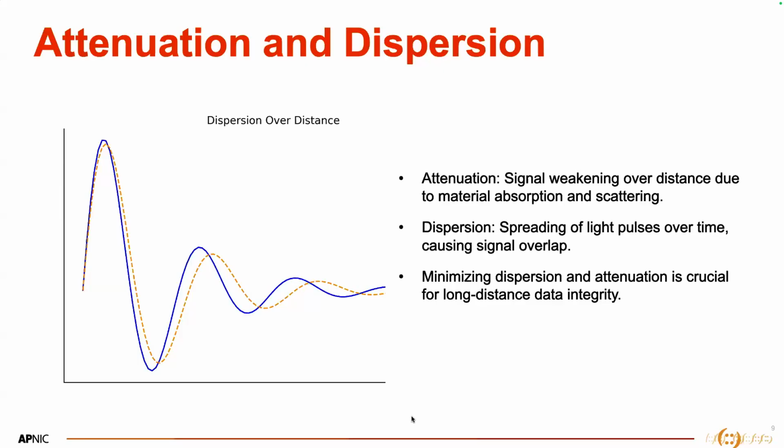As time goes by, the blue line is the expected line which it was supposed to follow, but the orange line is the practical line which it has become over time and distance. This phenomenon is called dispersion, where the wave spreads and overlaps with another one. So this is how dispersion occurs.